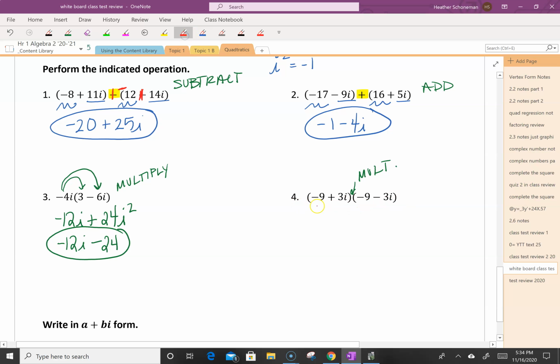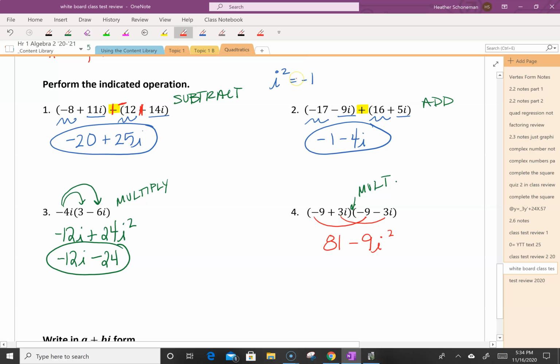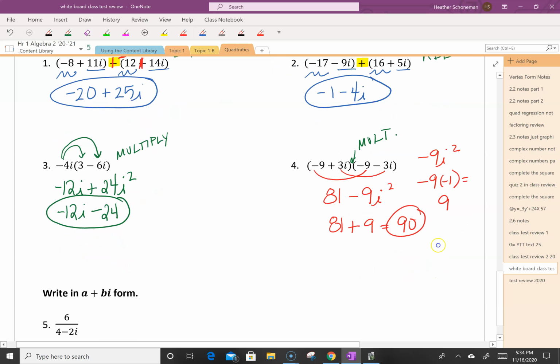And the shortcut means I'm going to take -9 times -9, which is positive 81. 3i times -3i is -9i squared. Oh, here we go again. We've got the i squared, which means -1. So -9i squared really means -9 times -1, which is positive 9. So this is 81 plus 9, which is 90.